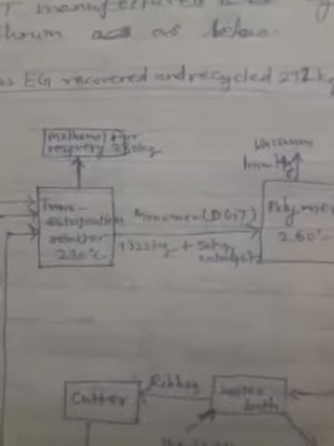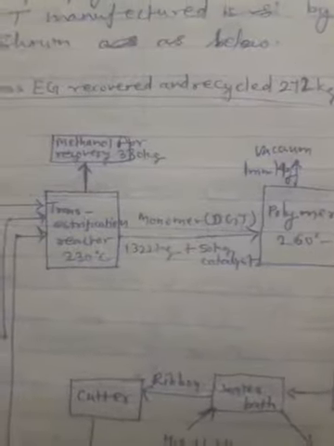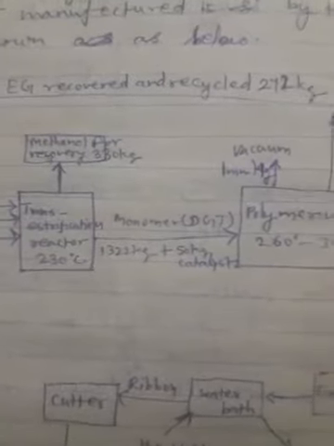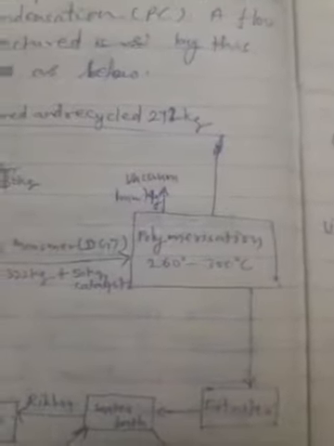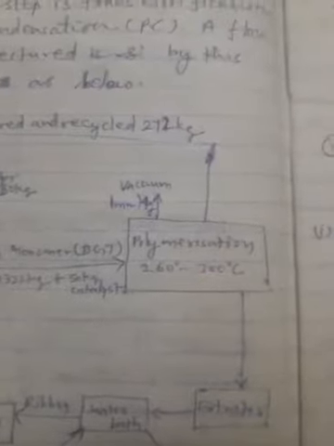trans-esterification reactor first, where the reaction is carried out at 230 degrees centigrade, methanol is liberated, and the intermediate product monomer DGT is formed. And with this DGT, 50 kilogram of catalyst is present, and this DGT is transferred to the next vessel where the final polymerization takes place.